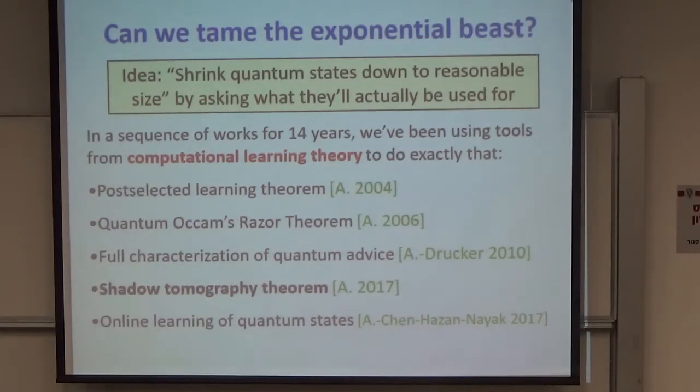I'm happy to report that just within the last couple months, an experimental quantum optics group in Rome did the first experimental demonstration of this quantum Occam's razor theorem, and they used it to approximately learn a 6-qubit photonic state using a very small number of measurements.